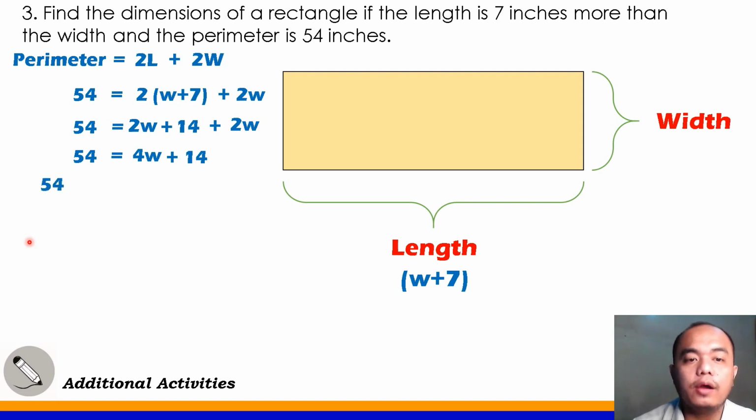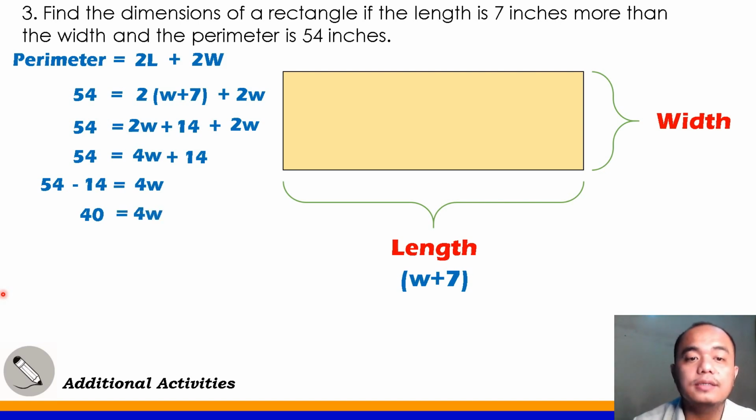Now, 54, we will subtract minus 14. Bakit? Kasi ililipat natin yung 14 sa kabila. Okay? And then 4W. Okay? So, ililipat natin yung 14 dito sa kabila. That becomes negative 14 or minus 14. So, 54 minus 14 will give you 40.